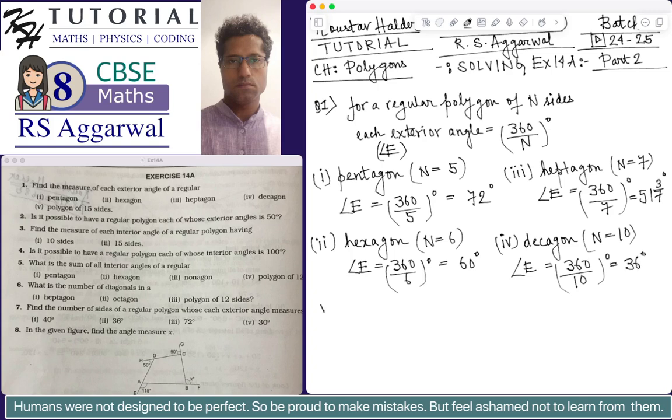And the last one is a regular polygon with 15 sides, that is n equals 15.